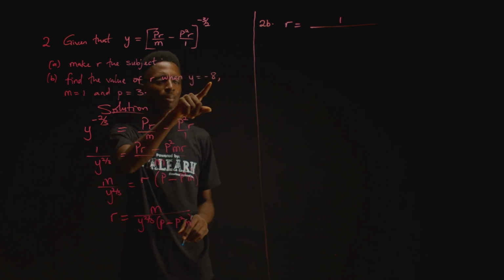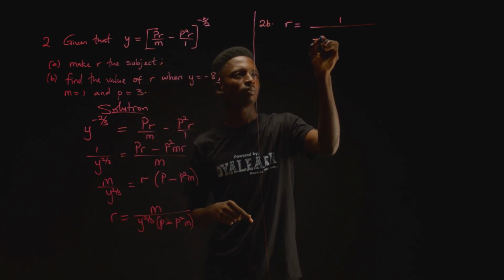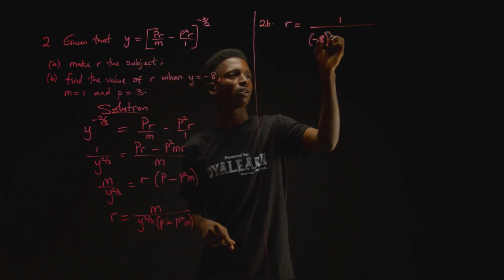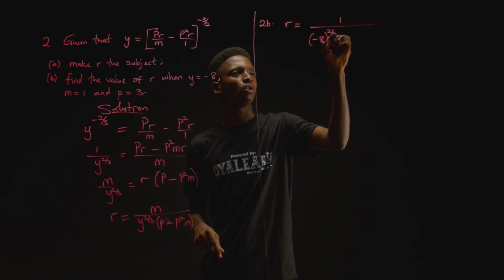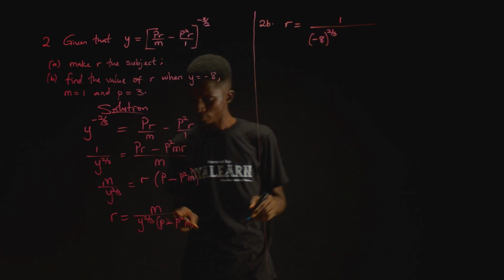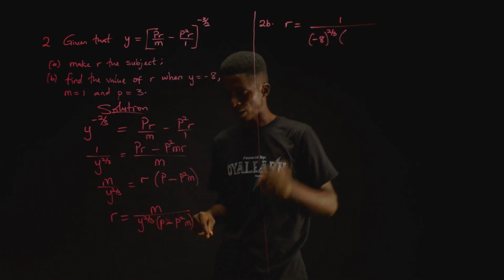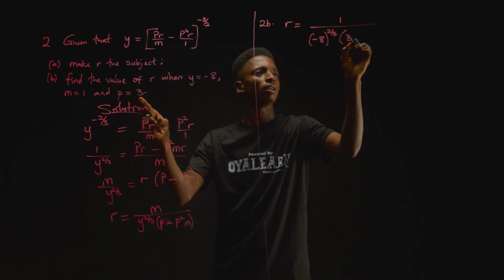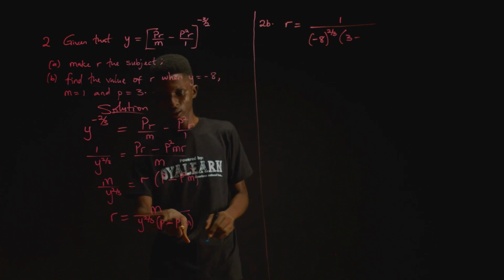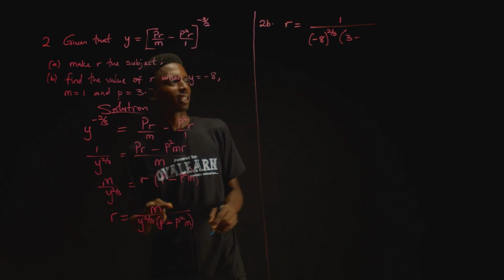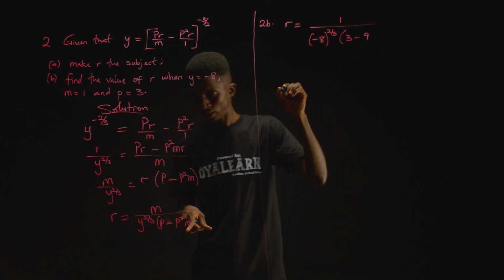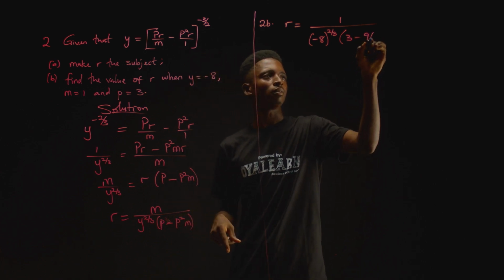Now y is minus 8, in bracket, power of 2 over 3, right? And then open bracket, p is 3 minus p squared, 3 squared, that is 9, and then m, 1.